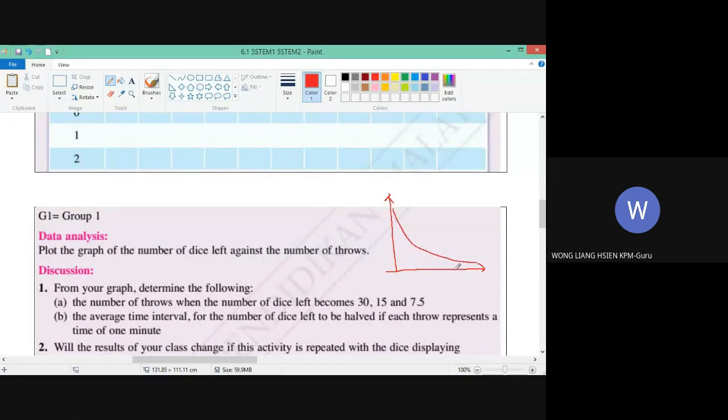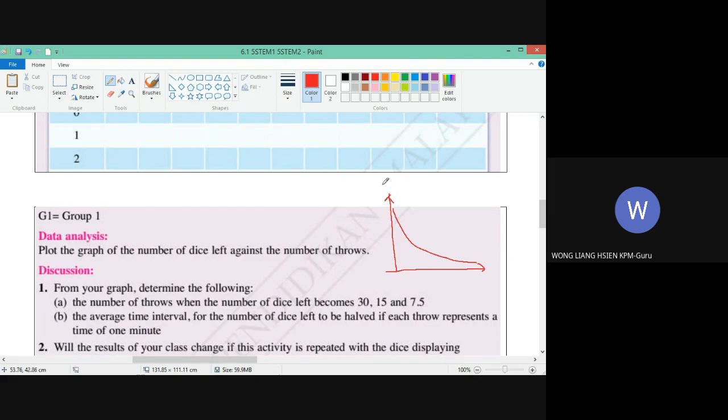Because every equal number of time, the number of dice will decrease by half. After the same amount of time, it will decrease by half. So you will get a graph that looks like this.